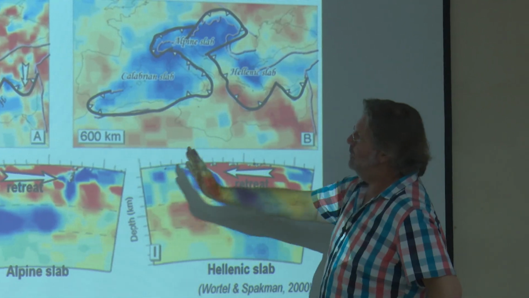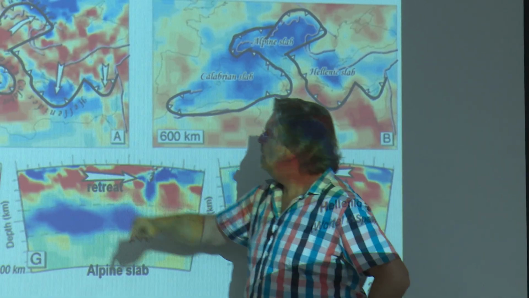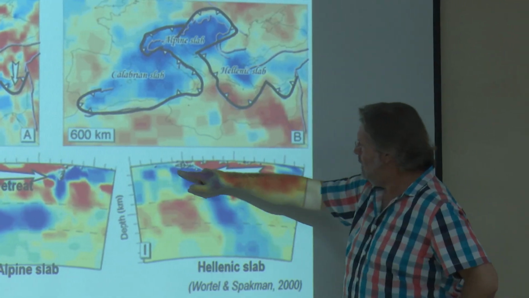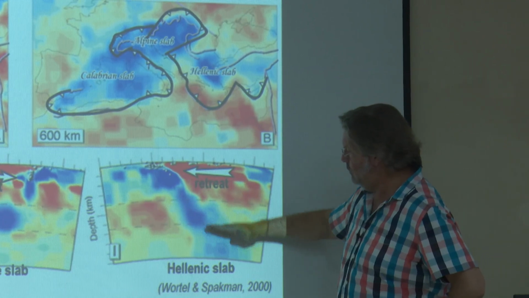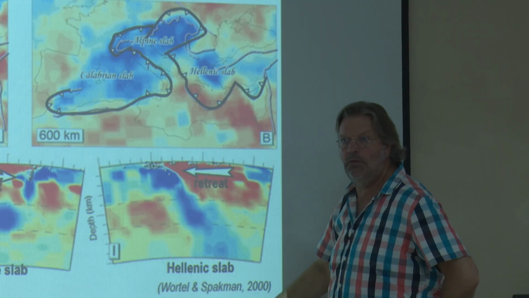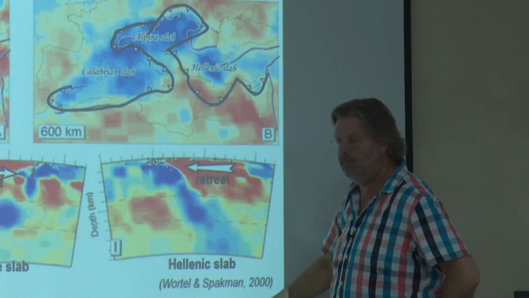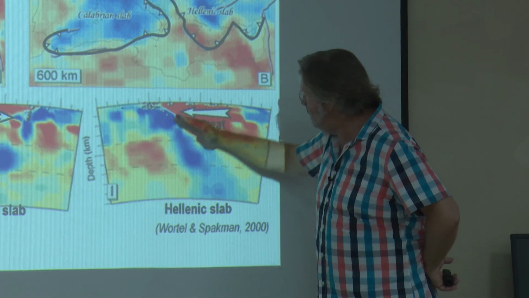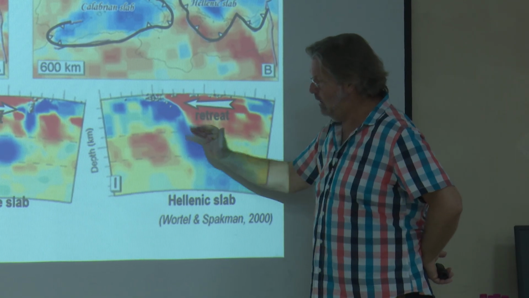And the last section is across the Aegean. There you have a nice continuous blue anomaly that goes across the transition zone and even down to the core-mantle boundary. So there the slab goes down. And it's also being retreated, and we'll see that again tomorrow.